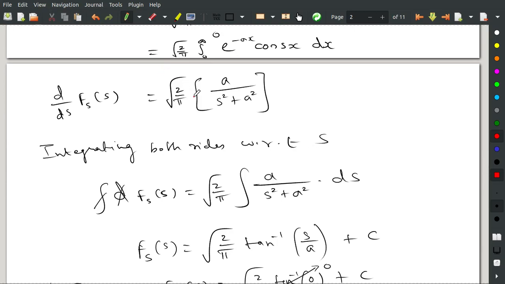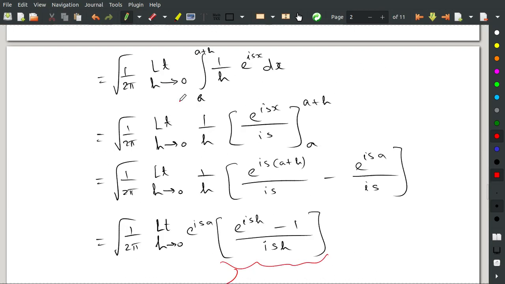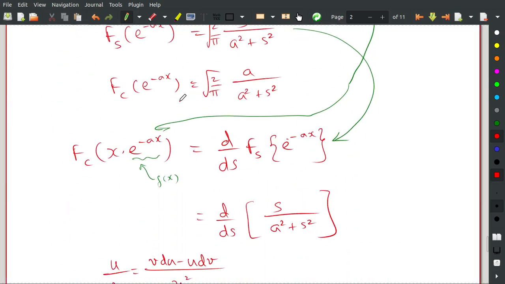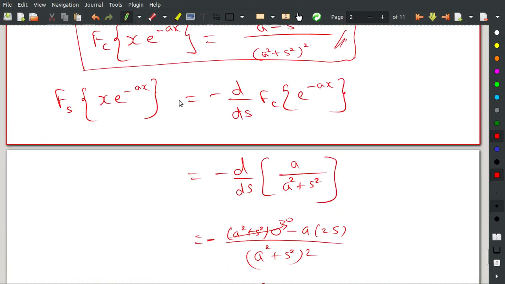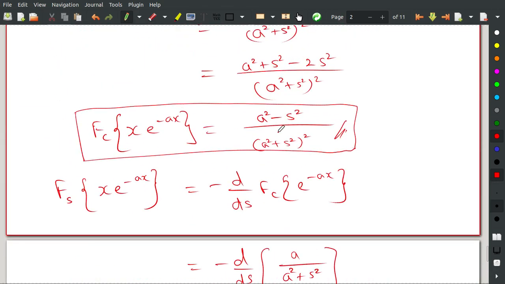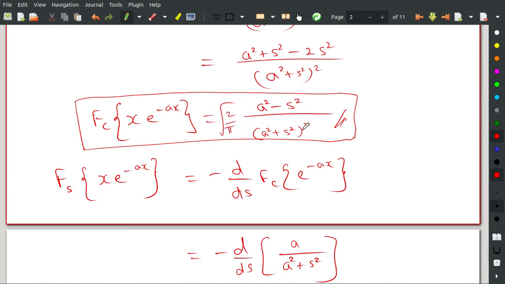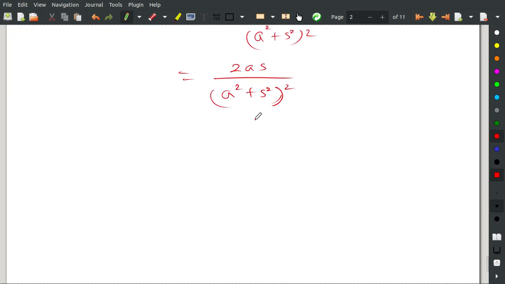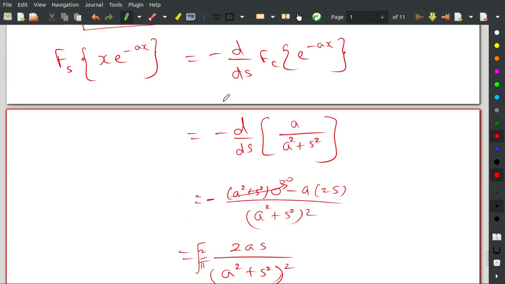We are left with this root there, so we have to add that one here. So we have an extra root 2 by pi, and here also we have an extra root 2 by pi. Okay, and this is our Fourier sine transform of x e power minus ax.